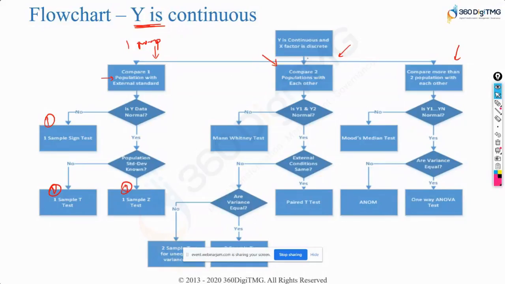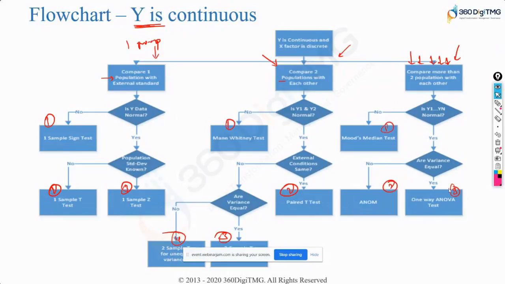Similarly, I have two populations, and here basically I'm comparing which is better, whether the first option is better or the second option is better. In such cases, again I have 1, 2, 3, 4, four tests possible. And if you have greater than 2 cases, then we go with this branch, and here I have 1, 2, 3, three tests.